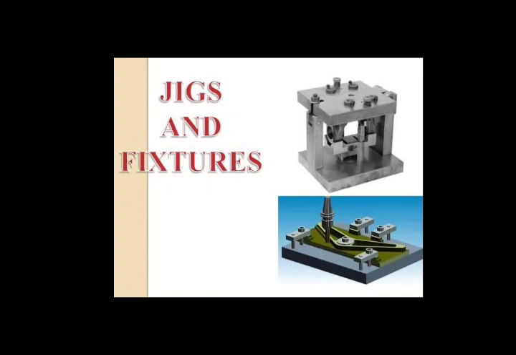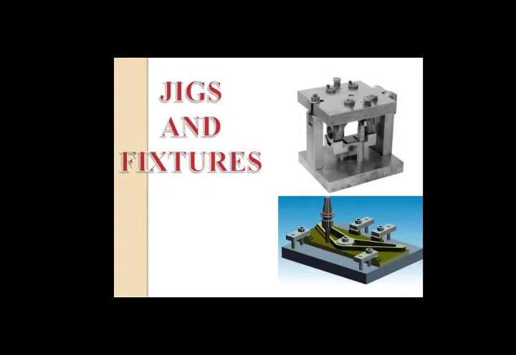Then, with the help of vernier caliper or scale, which will consume a lot of time, after marking, the actual drilling operation can be performed. This process can be acceptable if there are fewer products, but in case of mass production, this process cannot be used as a lot of time will be consumed in marking, which results in less production.